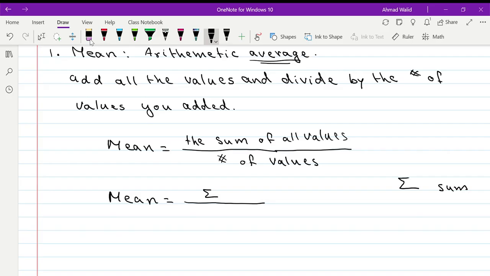For values, we always use a variable, and the famous variable in mathematics is x, right? Then your x represents what? Value, correct? The sum of values over the number of values.